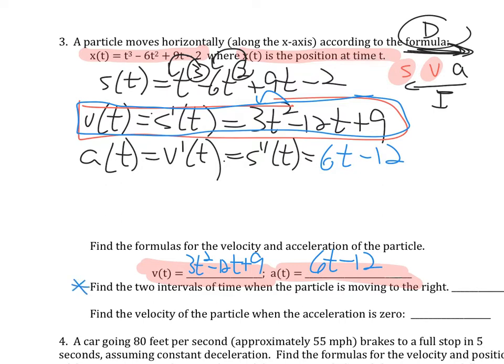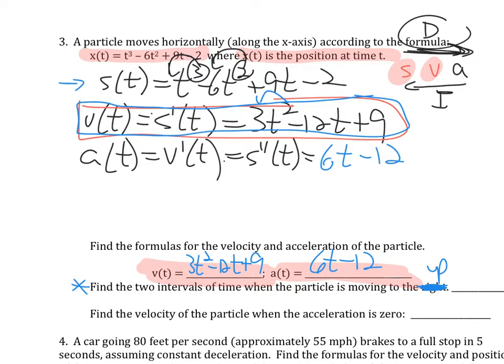Find the two intervals of time when the particle is moving, and I believe this last word should be moving up. So we're starting off with this position function, x of t, which we changed to s of t.